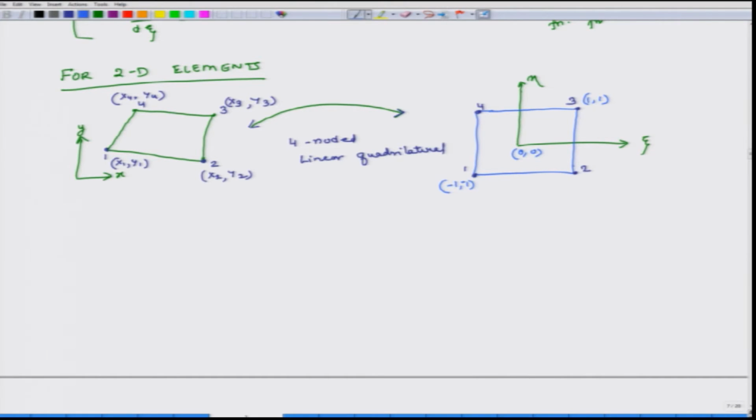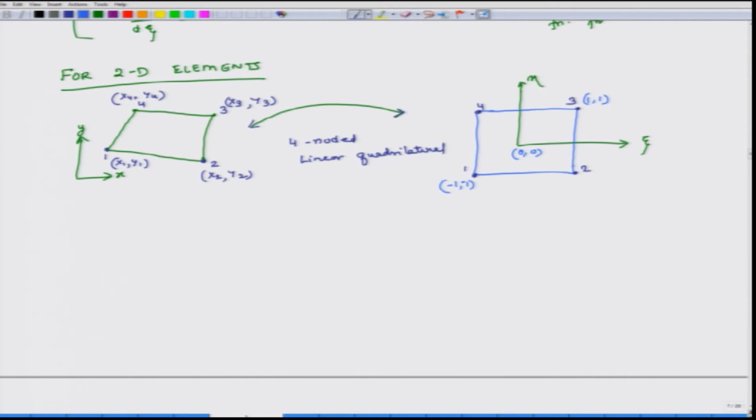So, any quadrilateral I can map into a standard square element in the zeta and eta domain, and what is the relation we will see in a while, but this is for a 4 noded quadrilateral.